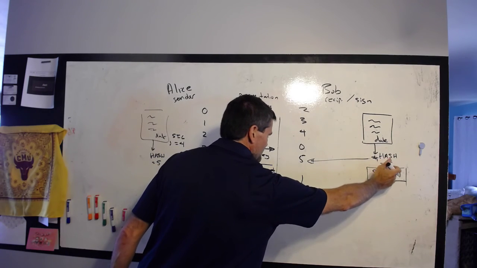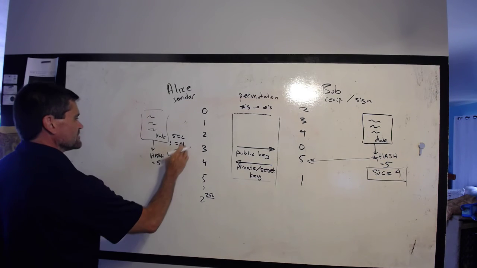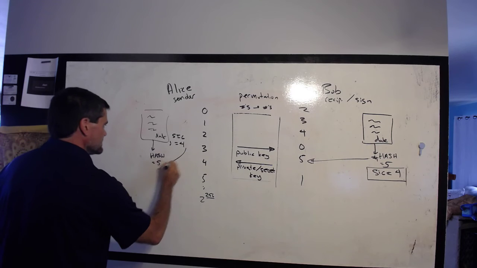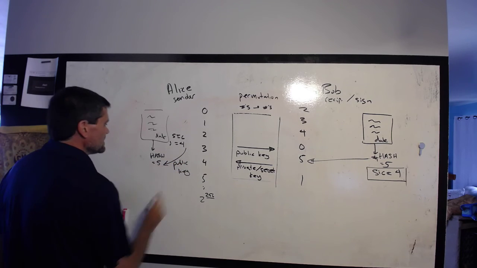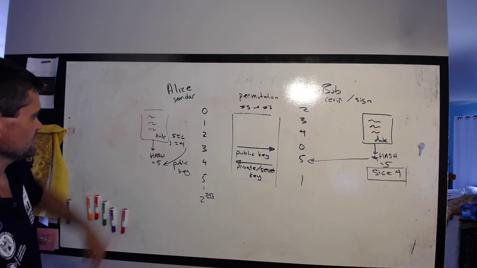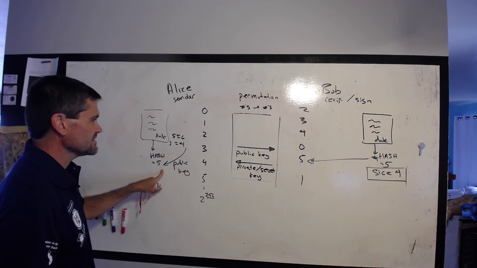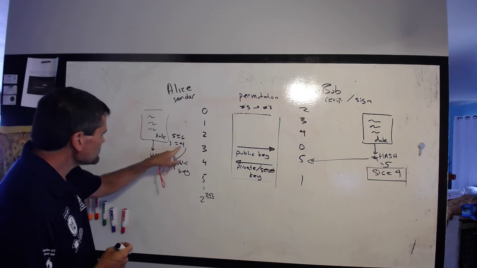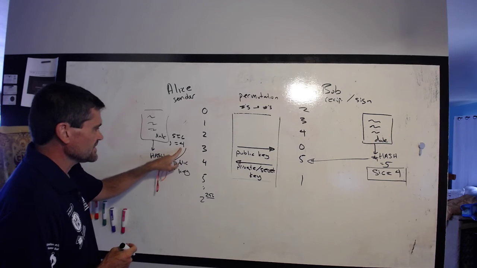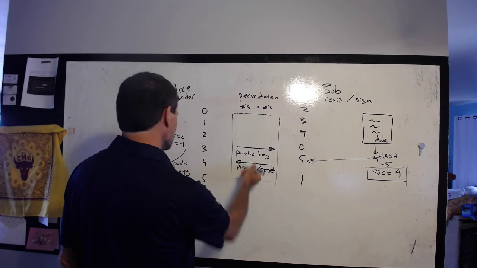Only Bob can reverse the 5 to turn it into a 4, but anybody can turn the 4 into the 5. So this is the public key. The 4 gets turned into a 5 using this algorithm, using the public key. And the only way that could have worked out is if whoever had the signature had to have the secret key, because there's no other way to reverse this machine.